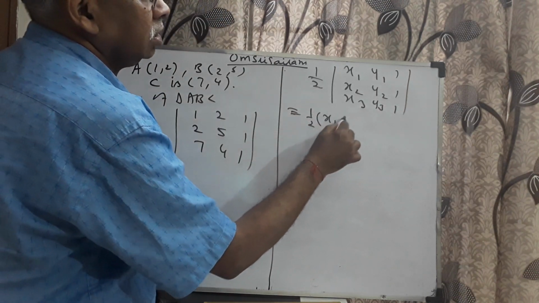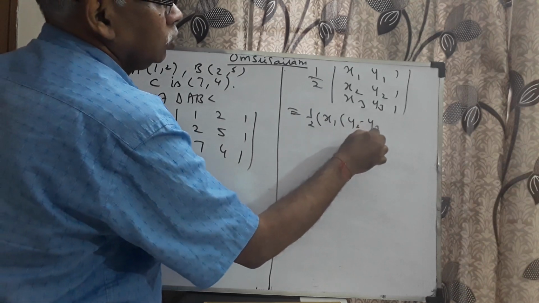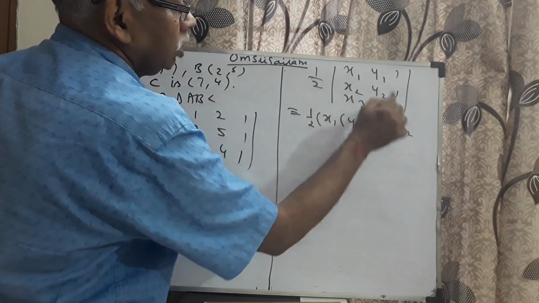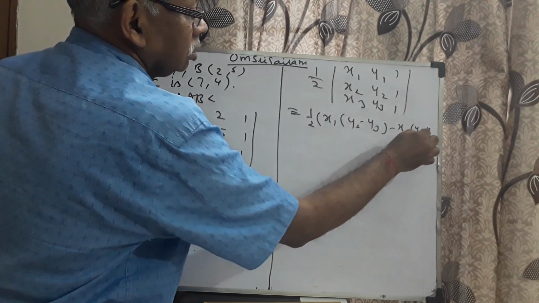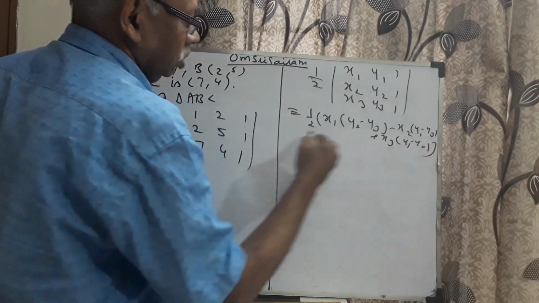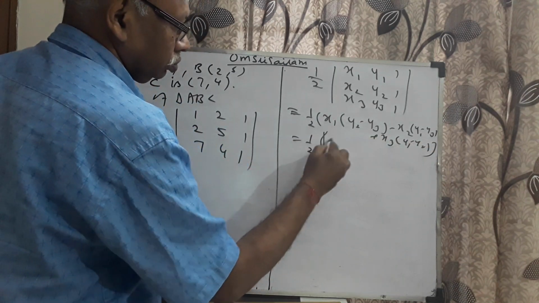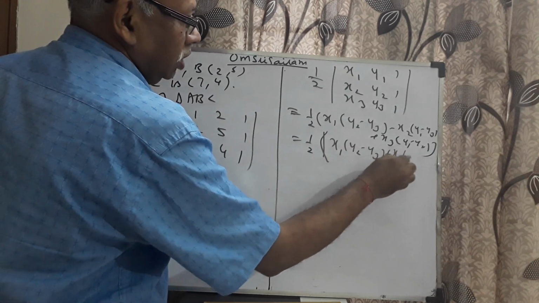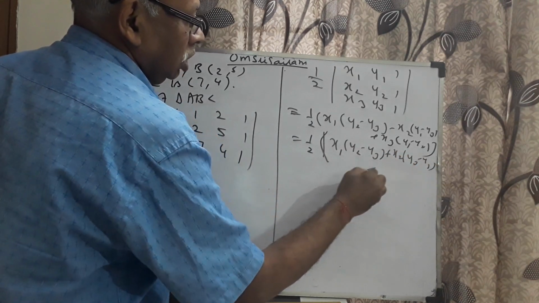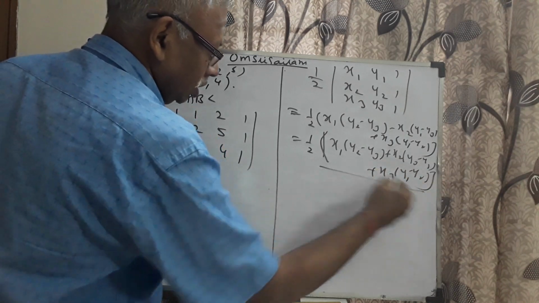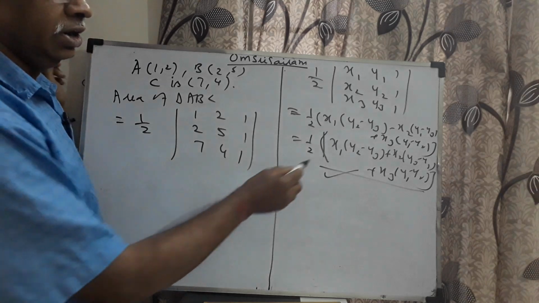Just expand: x1 into y2 minus y3, minus x2 into y1 minus y3, plus x3 into y1 minus y2, which is half into x1 into y2 minus y3 plus x2 into y3 minus y1 plus x3 into y1 minus y2.